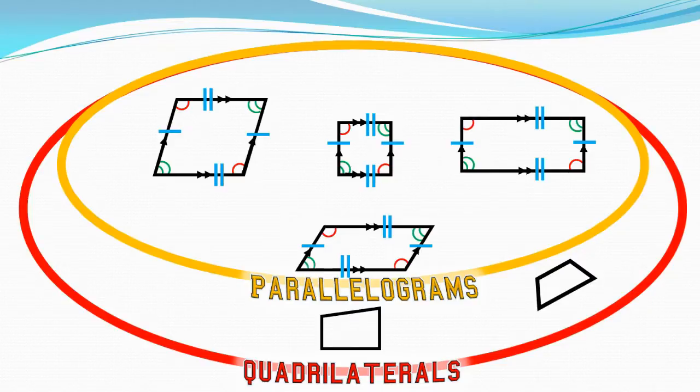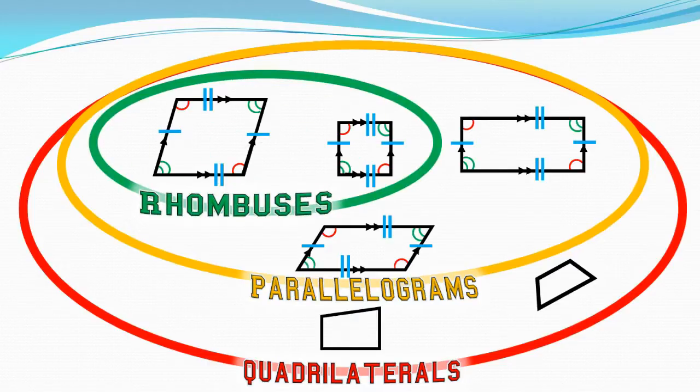Within parallelograms, we can break the rules down even further and make them more specific. These are rhombuses or rhombi. With rhombuses, all of the sides are congruent. This still follows the rule of parallelograms where opposite sides are congruent, but now we have 4 congruent sides, not just 2 pairs of congruent sides.